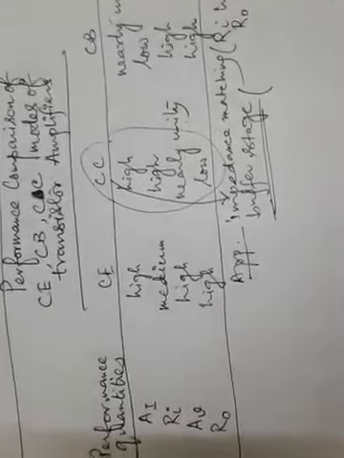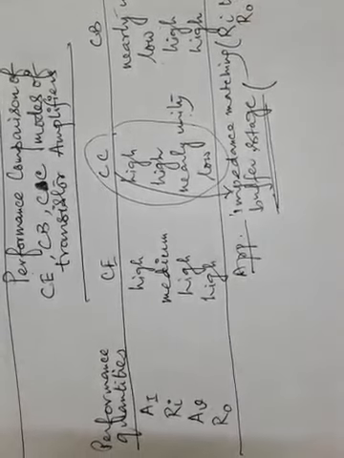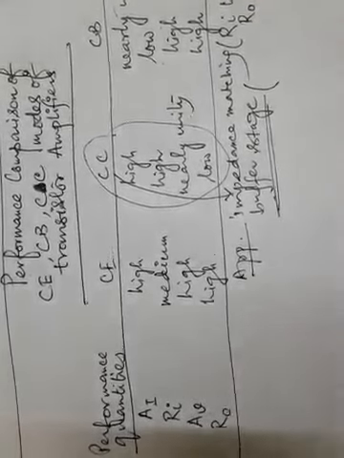And for impedance matching, as I have already told you, the CC mode can be a stage between a high impedance source and a low impedance load, because a high impedance source is towards the input side which has RI high, and a low impedance load is connected to the output side which has RO low. Because of that, this CC stage can also be used for impedance matching.